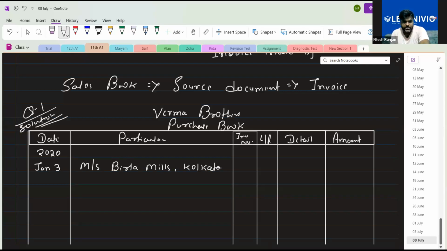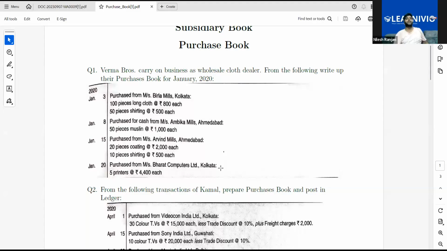Now you have to see in the question that you are purchasing the goods, not any asset. Brahma Brothers is a wholesale cloth dealer. So you have to see in every transaction that the person is purchasing only the cloth or related items.